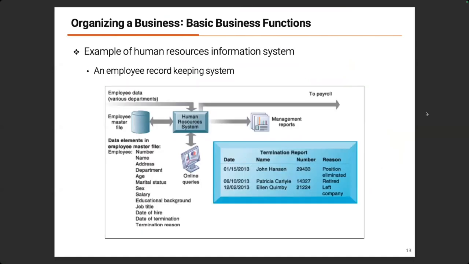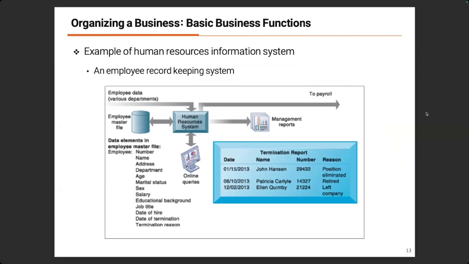So this is an example of a human resources information system, an employee record keeping system. This kind of system maintains basic employee data such as name, address, age, gender, marital status, educational background, salary, and so on.